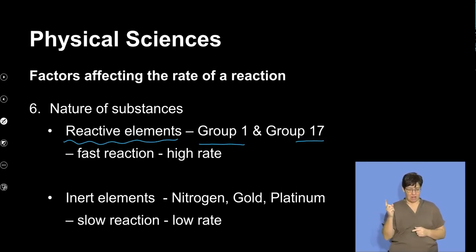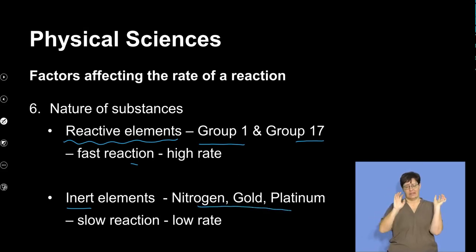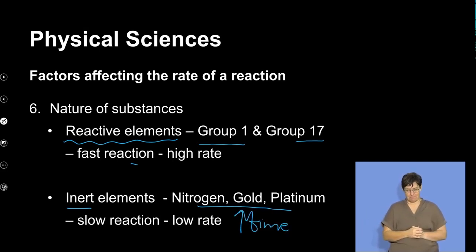They make for a fast reaction, high rate reactions. But if you look at your inert elements like nitrogen, gold, platinum, they don't really want to react. So when they are in a reaction, they have slow reactions, low rate, meaning it takes a long time for these reactions to take place.